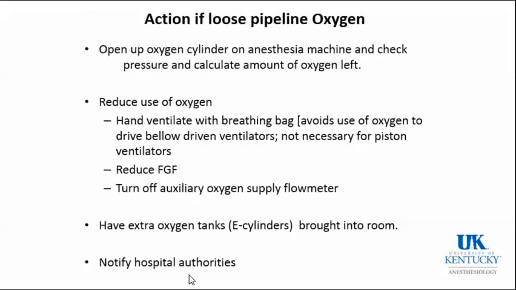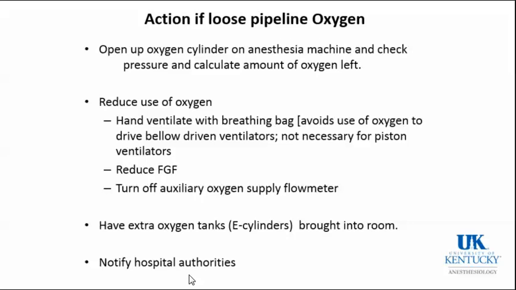So as far as action, when you lose pipeline pressure, you should open up the cylinder on the anesthesia machine and check the pressure, and therefore calculate how much oxygen is left. Now, even if there was an adequate volume in the tank at the start of the case when you checked it, if there was some leak in the yoke, the tank could have lost some oxygen.